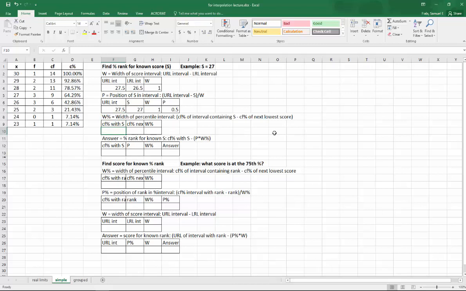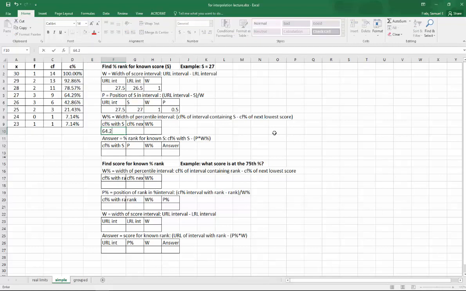So we look at the width of this percentile interval, which is going to be equal to the cumulative frequency percentage of the interval containing the score minus the cumulative frequency percentage of the next lowest interval. So the one containing 27 is here with this cumulative frequency of 64.29. That's where the score we're looking at is.